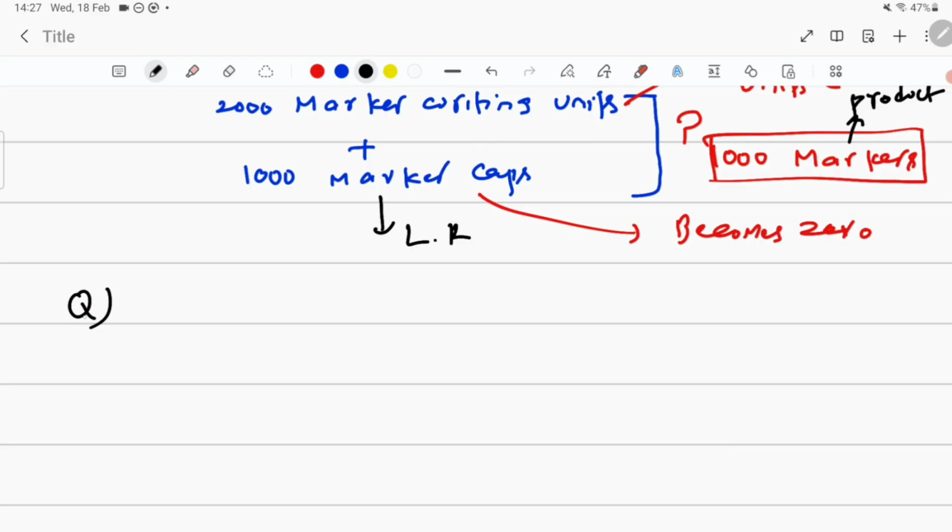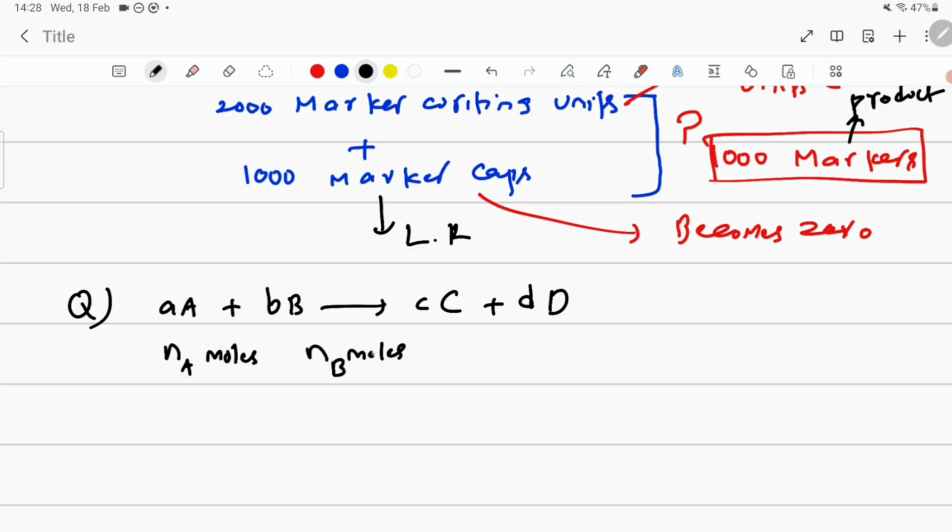I am taking here A plus B giving C D. Assume that Na moles of A are available and Nb moles of B are given.